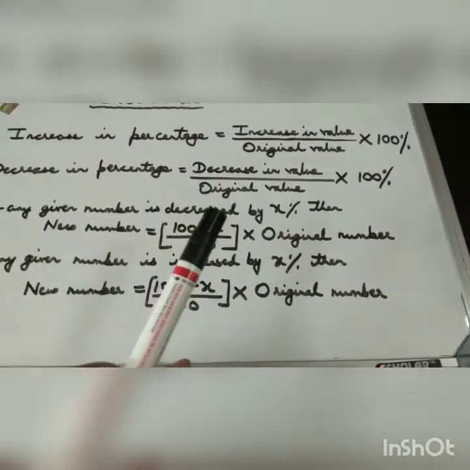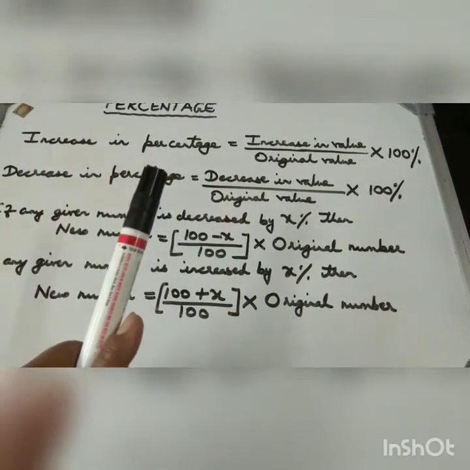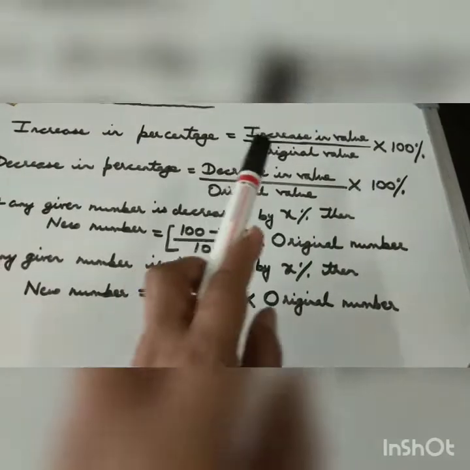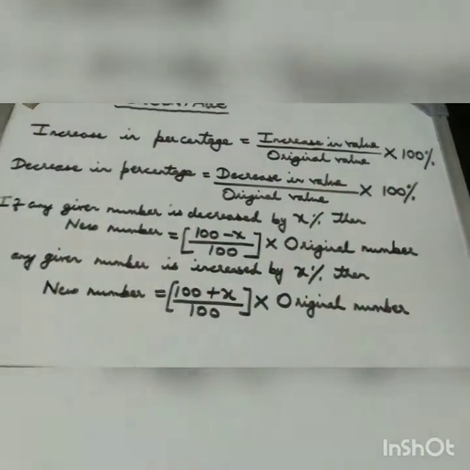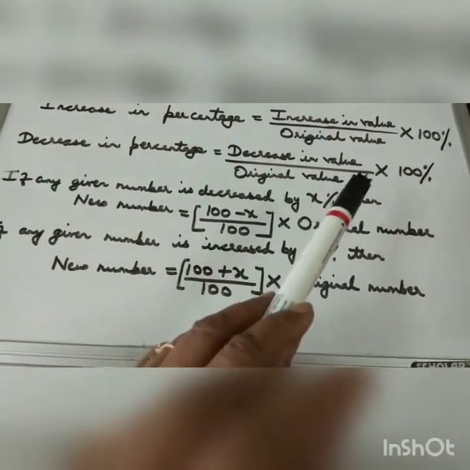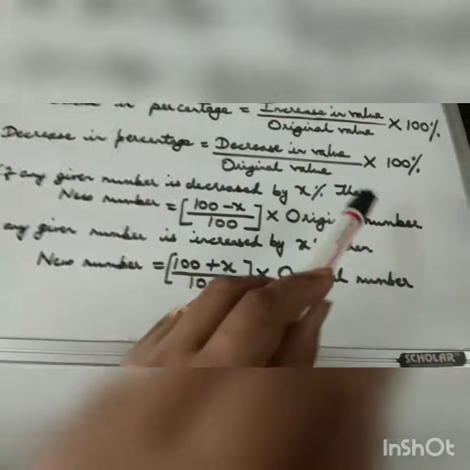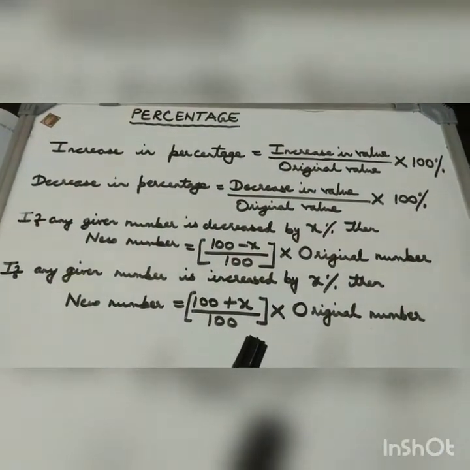I have done it for you, but again I am giving you the formula. Percentage increase equals increase in value upon original value into 100%, and percentage decrease equals decrease in value upon original value into 100%. I hope it is very clear to you.